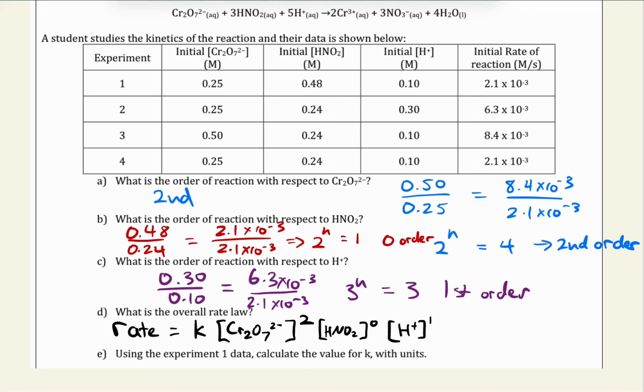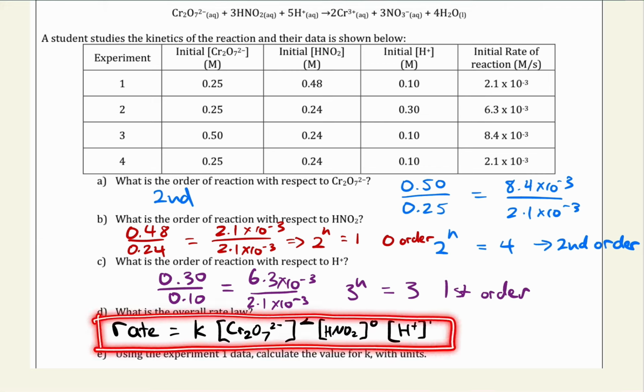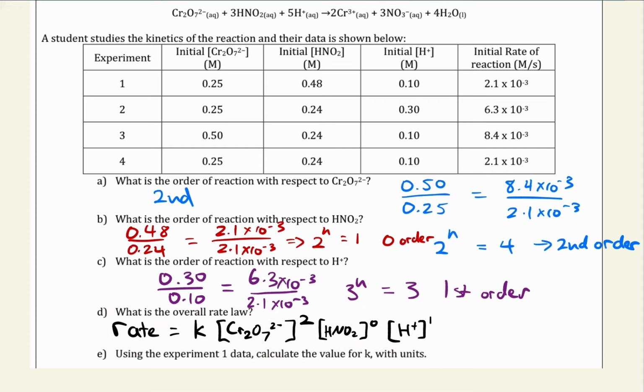Now, for the final question, part E, calculate the value of k with units. We're going to use our experiment 1 data. So all we have to do is plug in numbers for the rate law we got in part D. So I'm going to write the rate, 2.1 times 10 to the negative 3 molarity per second, equals k times the concentration of dichromate, which is 0.25 molarity.